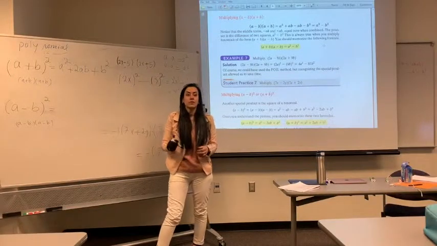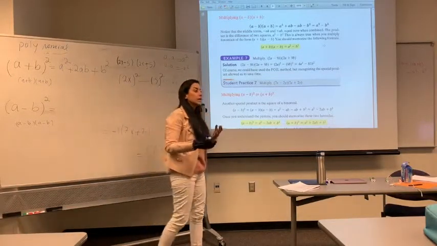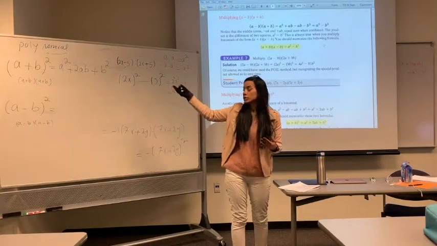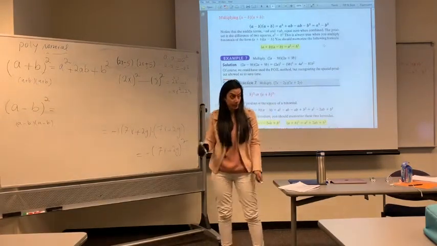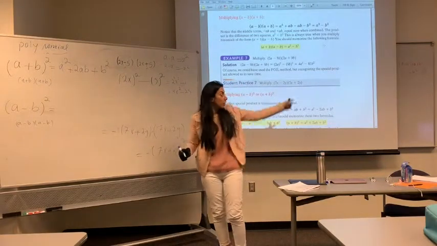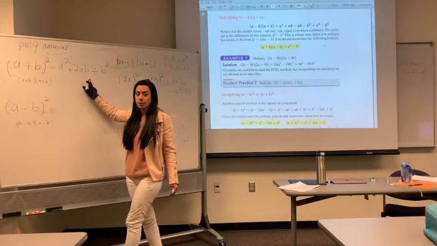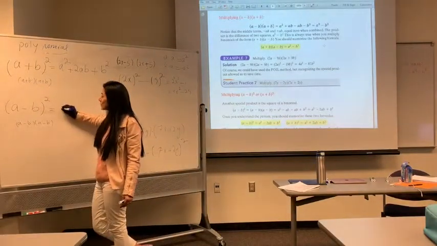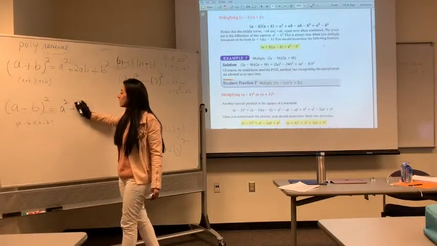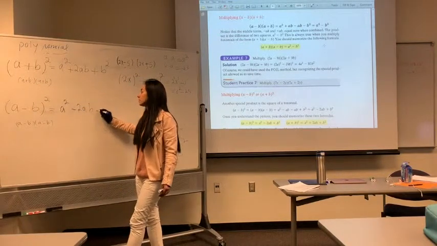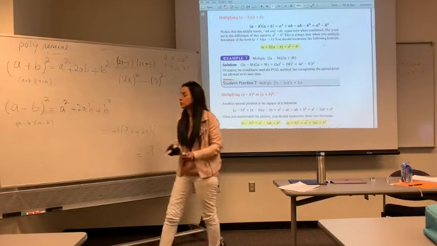If you multiply this by FOIL, you will see you will remain with 2ab plus 2ab. Yes, I will write it down there, and you should write it down in your formula page. So what happens to this one? a squared minus 2ab, minus b squared? No, or just plus?